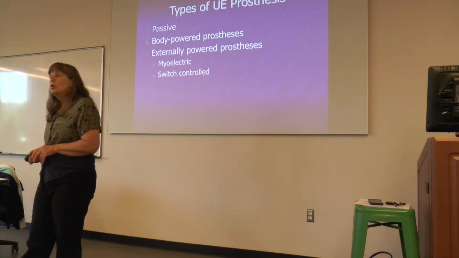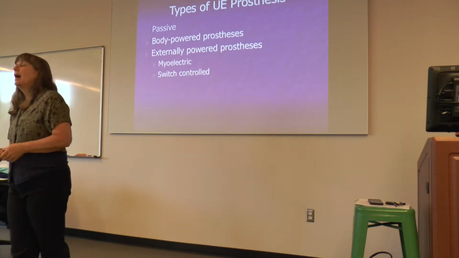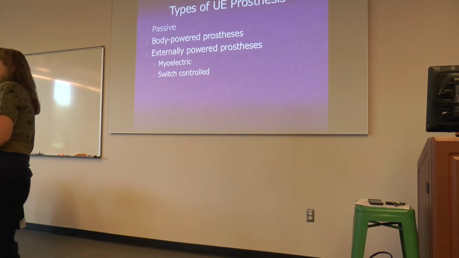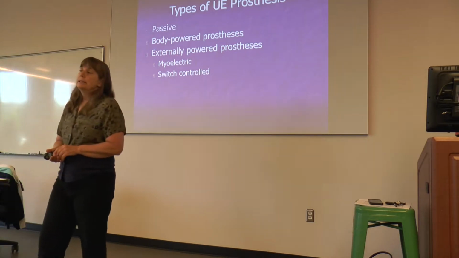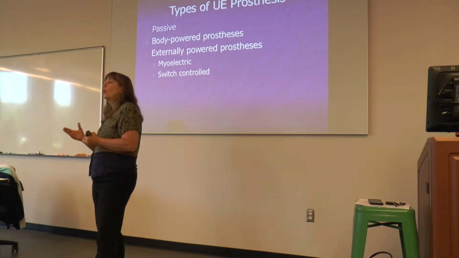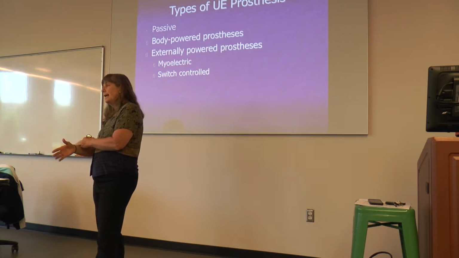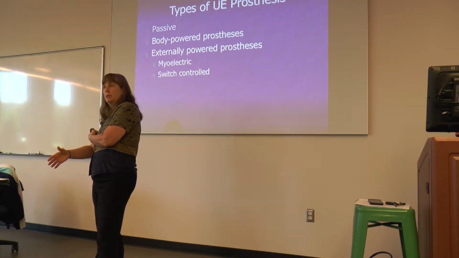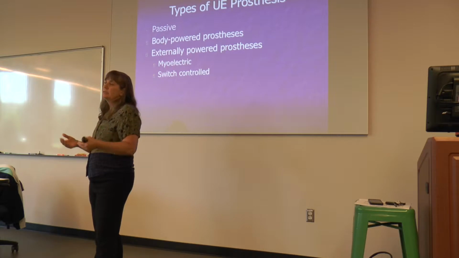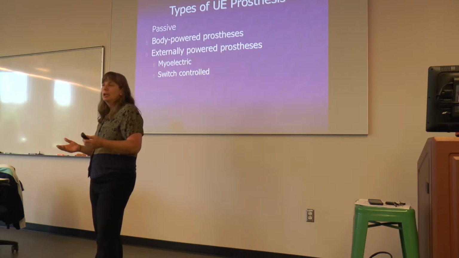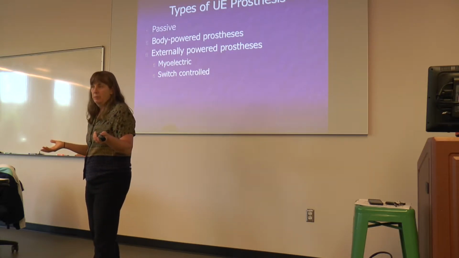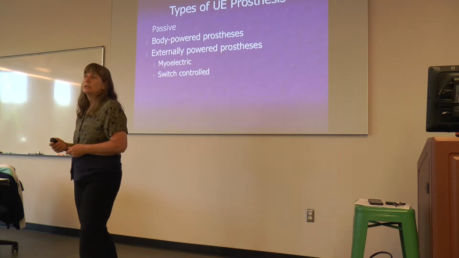Okay? You can also hybrid, if they're high enough. The gentleman with the auger accident I was referring to, for a while he used a myoelectric hand and a body-powered elbow, but he decided the hand wasn't as functional as his foot, so he switched to body-powered for both. Okay, and that's mainly what he uses.